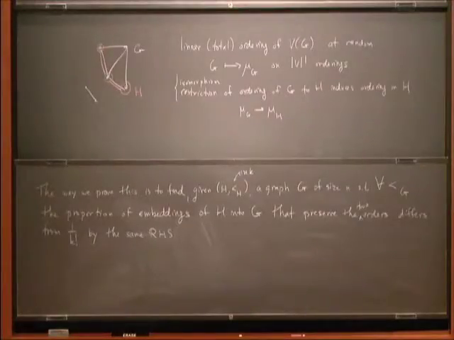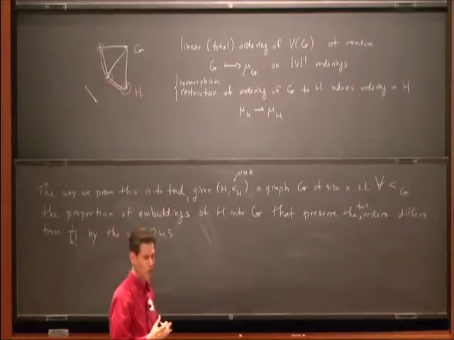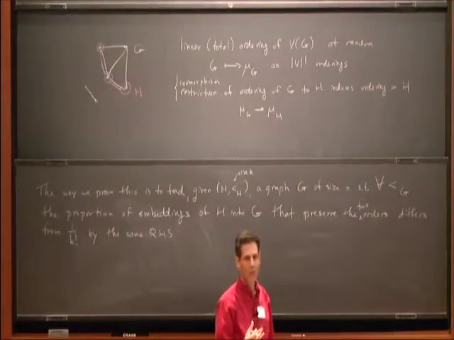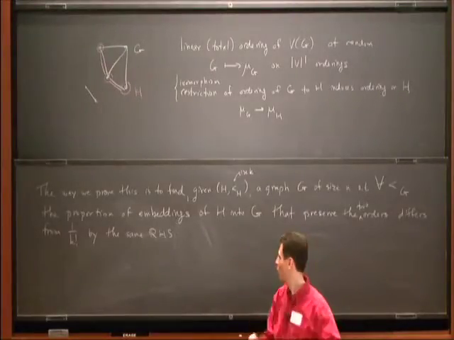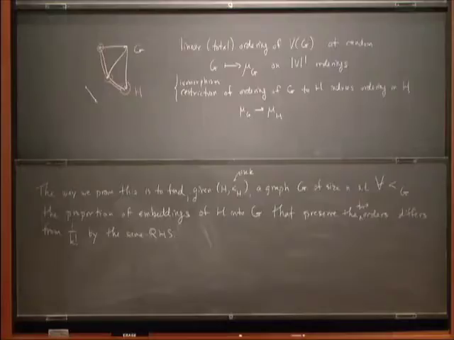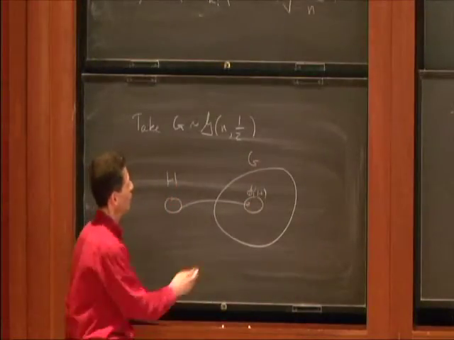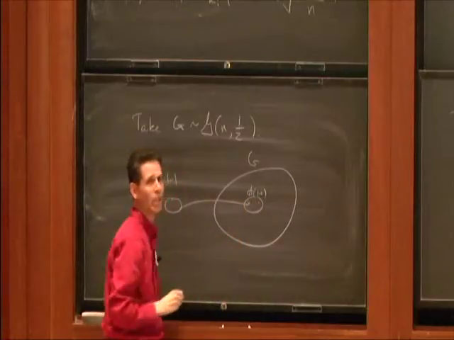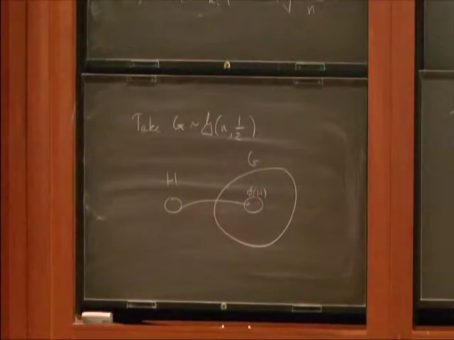Well, each particular embedding of H into G either preserves the order or it doesn't. So here's the image of H. If I look at only those k vertices in here, that's all I need to look at to determine whether it's an embedding and whether it preserves the ordering.